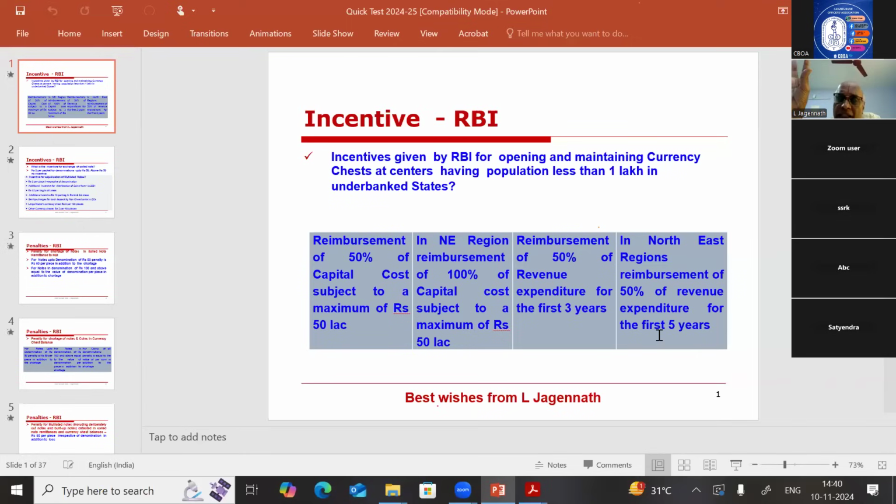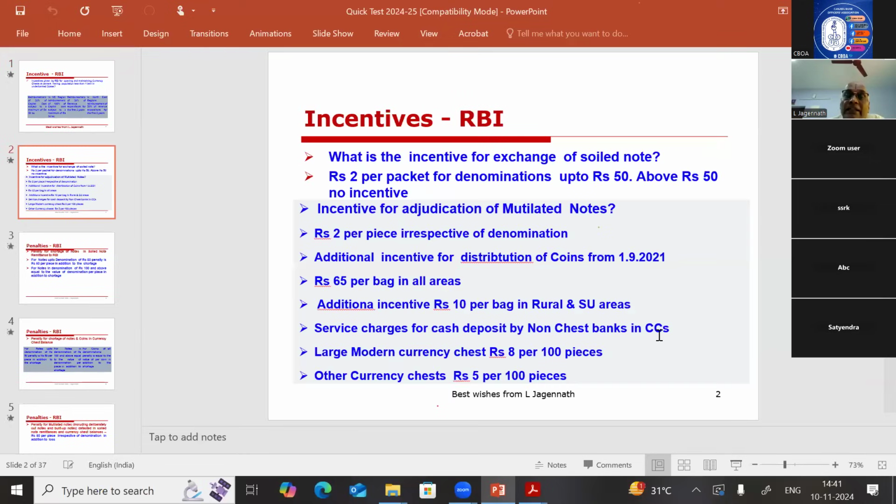And revenue expenditure 50% maximum for 3 years other than northeastern region; again here 50% maximum for a period of 5 years in northeastern region. This is one question. If they ask the question, you should be able to answer. Then second incentive: what is the incentive for exchange of soiled note?